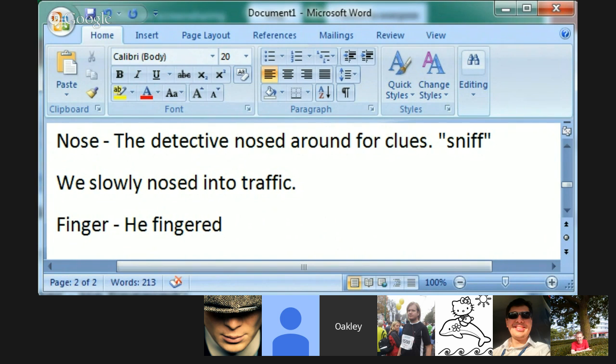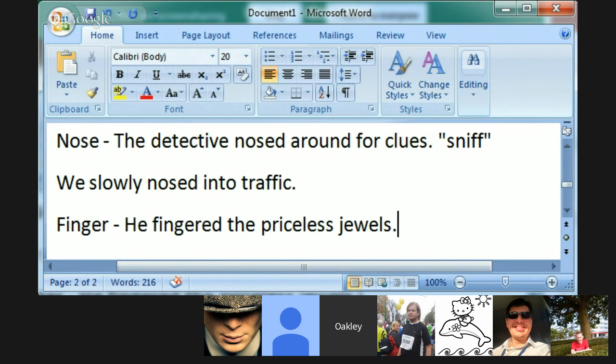When we use finger as a verb, it's something like an actual object where you're kind of rolling it around in your hands, something that's hand size, and you move it around in your hands.